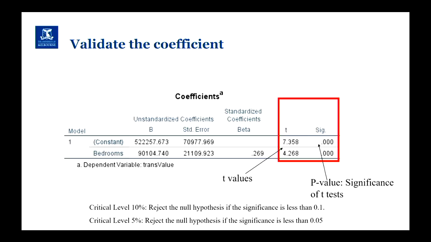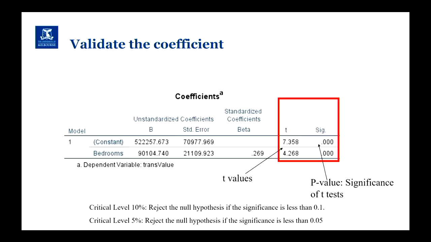So each of the coefficients has two properties or two attributes in the estimation. One is the value, which shows the extent of the influence on the dependent variable.